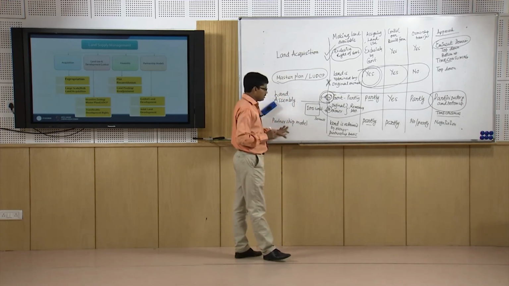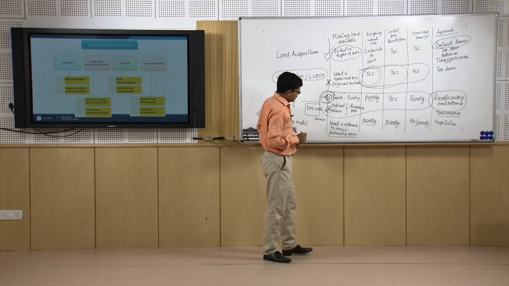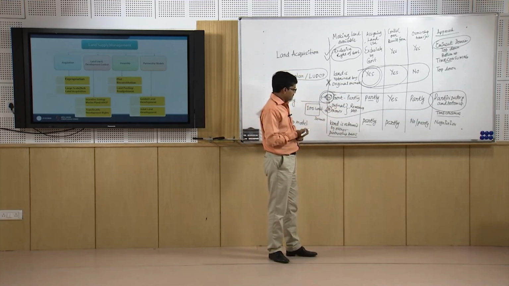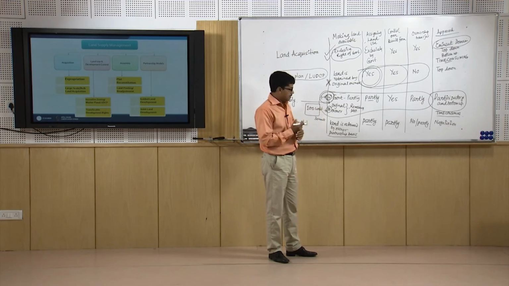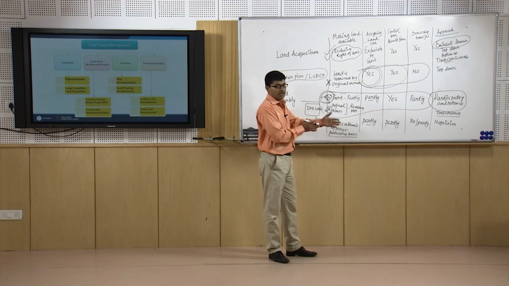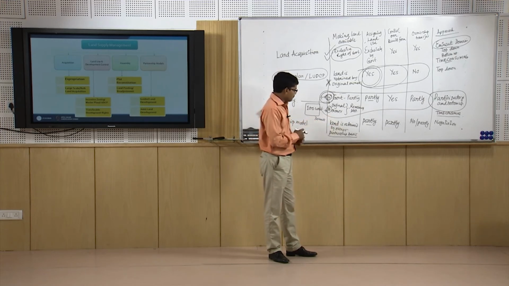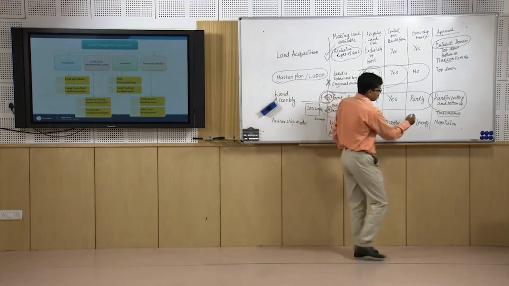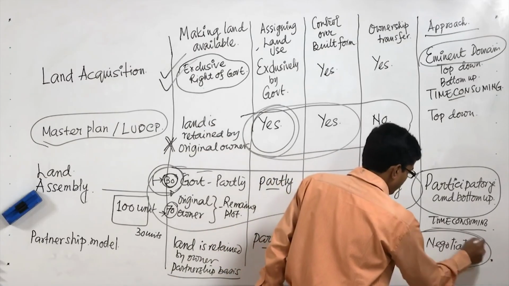The partnership model depends on the particular context. For example, say the airport of New Delhi is developed by a partnership model by the government of Delhi, the government of India, and another private developer. So, here the most important part is that it is based on negotiation.